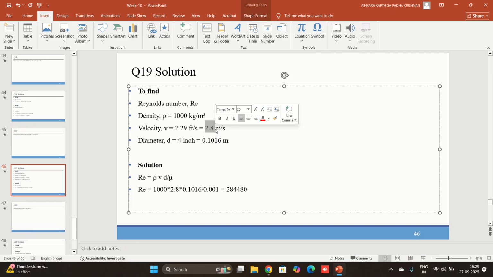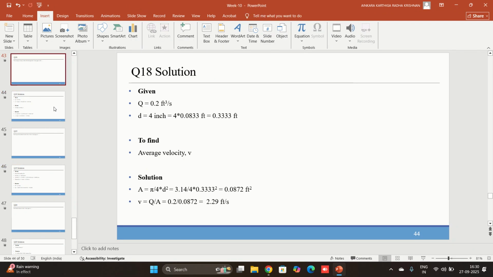So it is 2.29 into 0.3048 meters per second, which is equal to 0.6980. We can use it in meters per second.